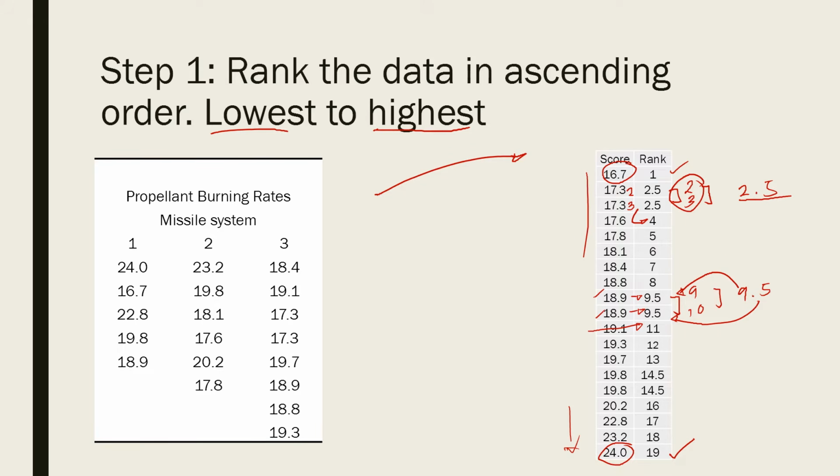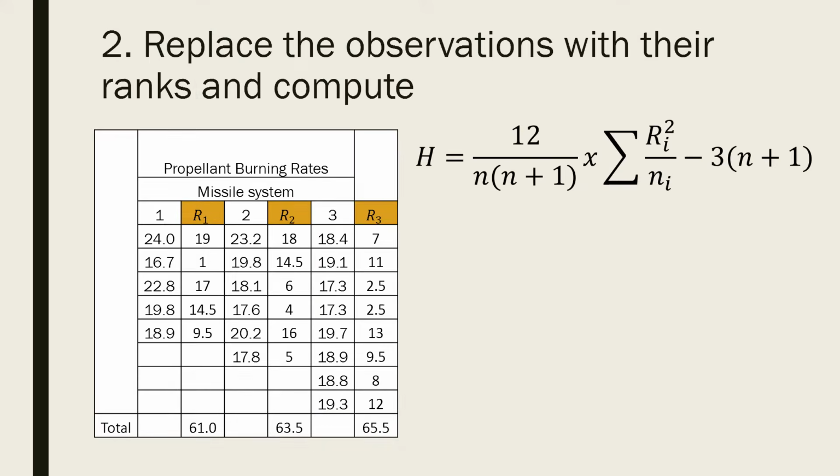So now that we've ranked them, we're going to replace the observations with their independent ranks. Like this. In the previous example, if you remember, 16.7 is ranked 1. So we now assign rank 1 in the place of 16.7, because what we're looking for is the summation of ranks per group.